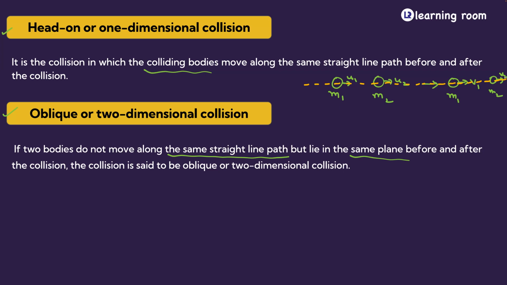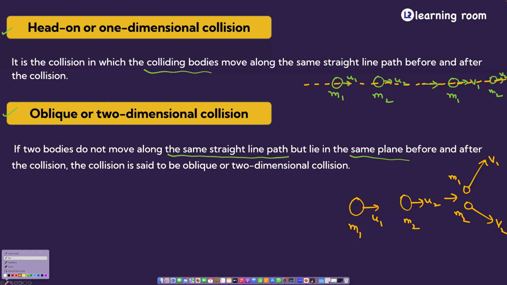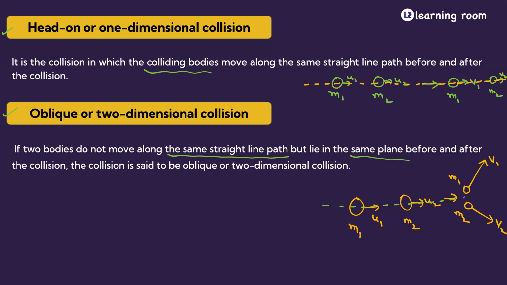And the second is, if the objects are moving along a line, let's say with speed u1 and speed u2, but after collision, one object starts moving with velocity v1 like this, and another object starts moving with velocity v2 like this, where this is going to be m1 and this is m2. Now, if I draw an imaginary line between them, this imaginary line is called as the line of impact.